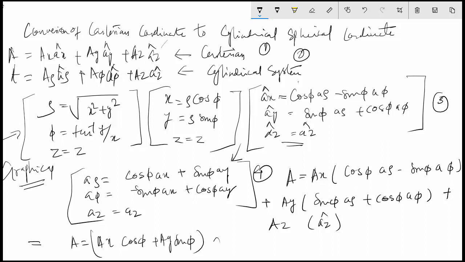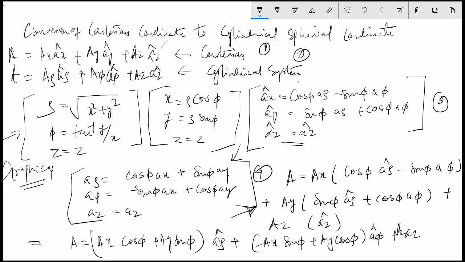So this is just solving this further, and minus Ax sin phi plus Ay cos phi into a phi, these are the unit vectors, plus Az a_z.